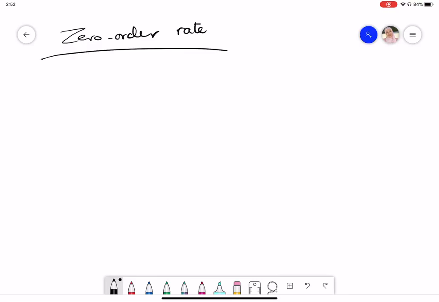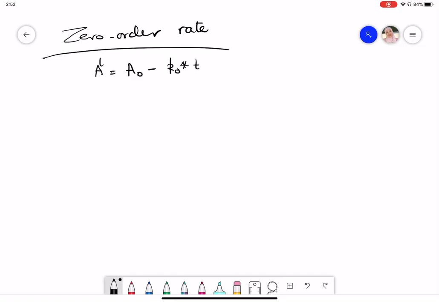If you remember, we were drawing the amount or concentration versus time, right? Just to remind ourselves, let's write it down.